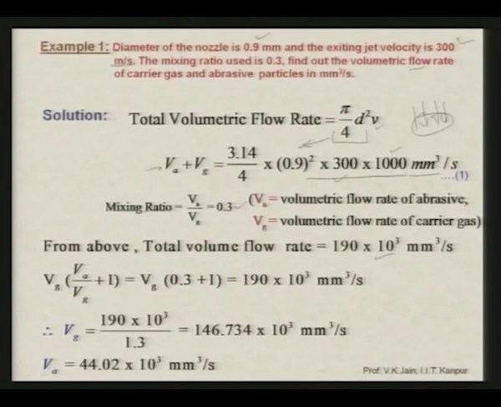Now, we can write this equation like this: V G multiplied by V A over V G plus 1 is equal to the total flow rate, and V A over V G is given as 0.3. So, we substitute 0.3 plus 1, and it becomes equal to 190 into 10 raised to power 3 cubic millimeter per second. From here we get V G equal to 190 into 10 raised to power 3 divided by 1.3, so you get 146.734 into 10 raised to power 3 cubic millimeter per second as the carrier gas flow rate.